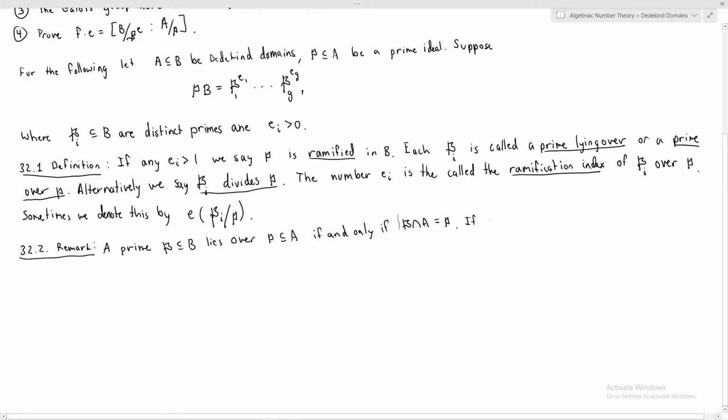Yeah, if P divides little p, then this is true, and you can quickly see that this contains little p.